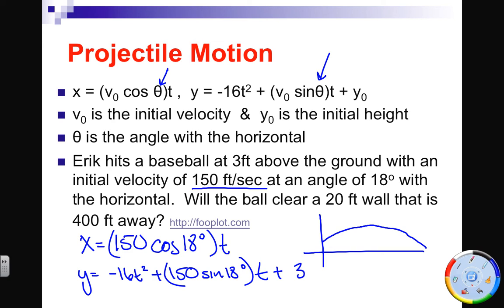And I need to look at 400 feet away from the plate. So I'm going to go to 450 just to be safe. And I'm going to go again by a step of 45. Your y min, y max, not super important, but y min, probably ground level, which is 0, and y max, let's just go to 100.